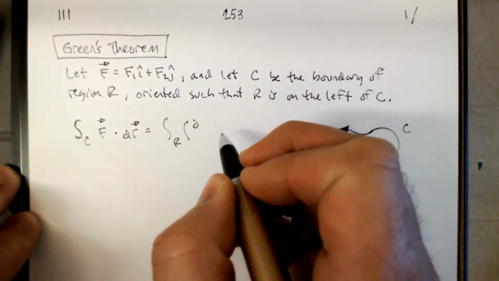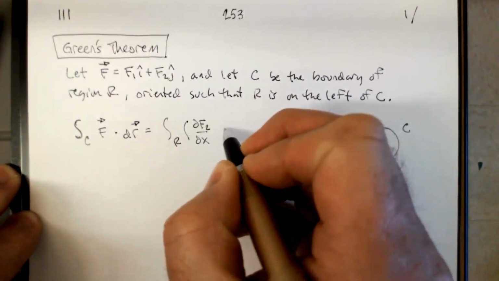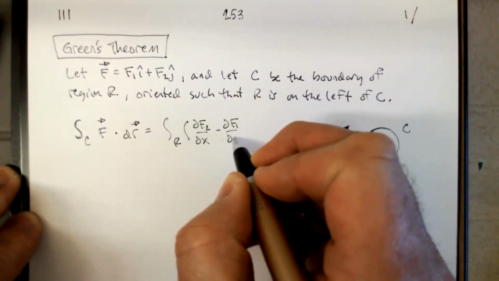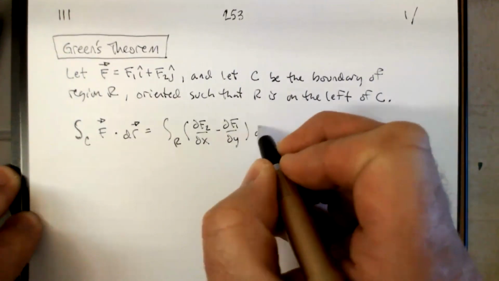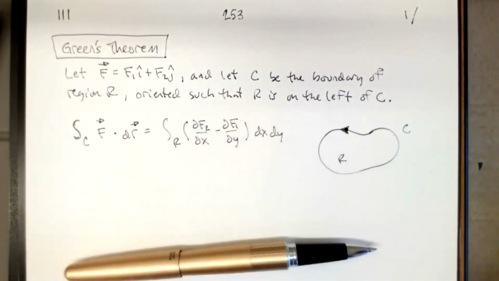The partial of F2 with respect to x minus the partial of F1 with respect to y. So this line integral is a double integral.